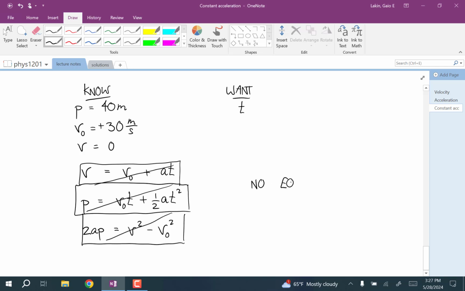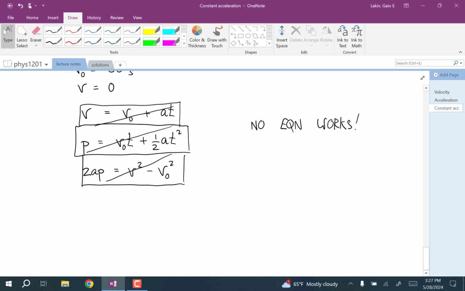And so what are we going to do? Well, the thing that kept us from solving for t was that we didn't know a. So let's see if there are any of these equations that are going to let us solve for a, and then we can try again.